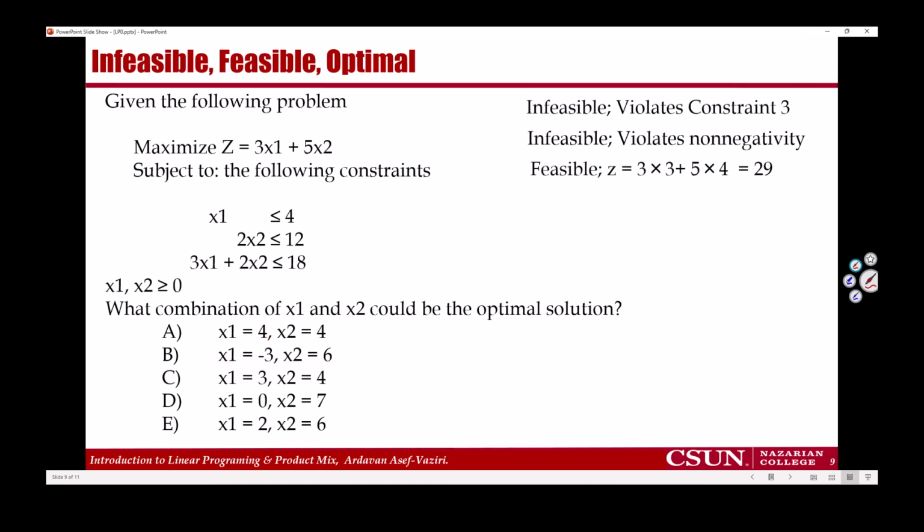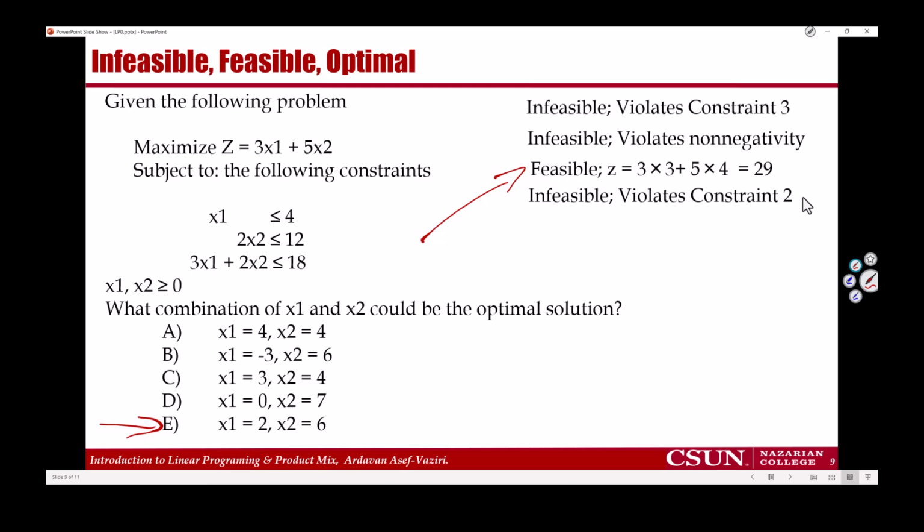The third solution is feasible. It satisfies all 3 constraints, and if we put it into the objective function, we get a value of 29. This one is infeasible because 2 times 7 is 14, and 14 is not less than 12. Either this solution is optimal or this solution.